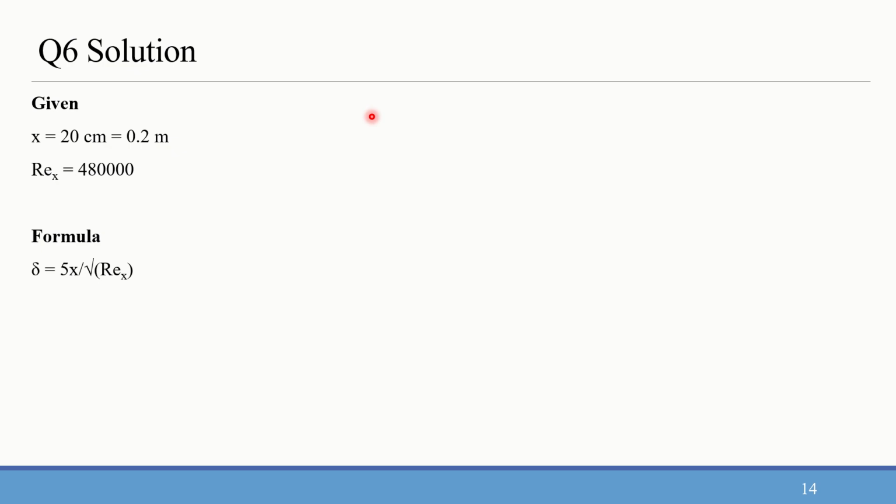If we take the square root, with x as 0.2, that gives us 1.44 into 10 power minus 3 meters, or in centimeter it is 0.144 centimeters. So what we did, we are just substituting everything here.